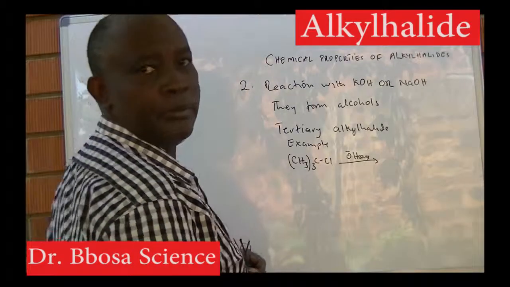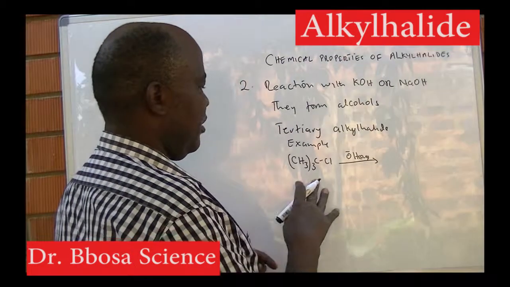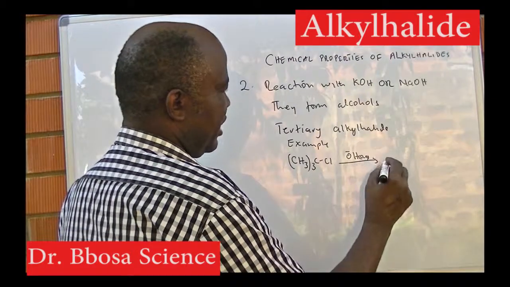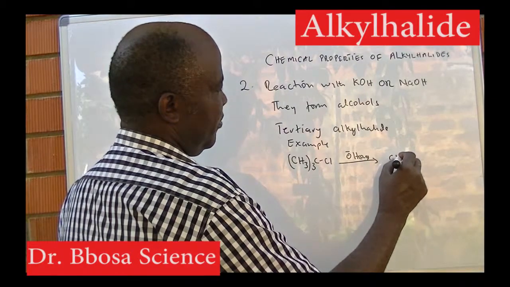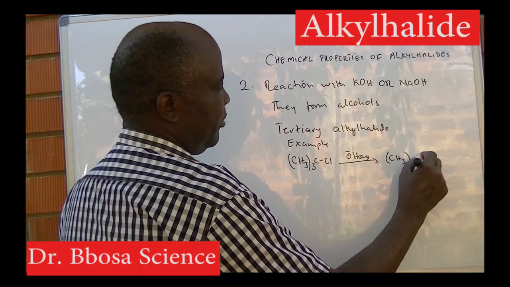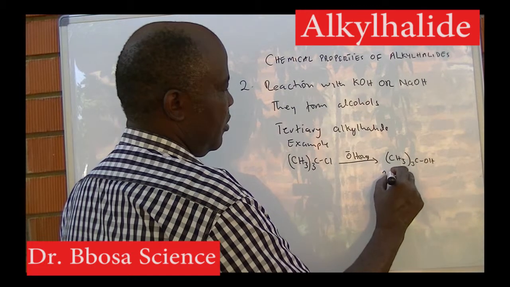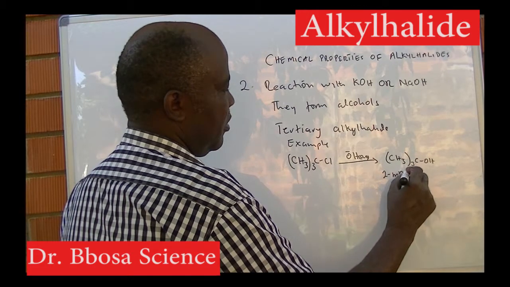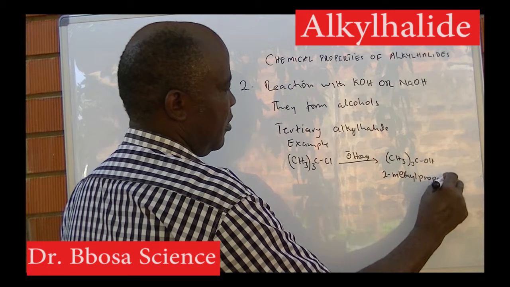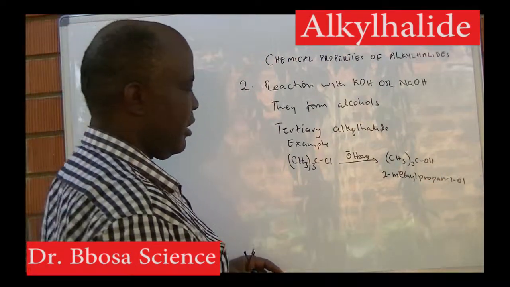Tertiary alkyl halide. Example: 2-chloro-2-methylpropane reacts with potassium hydroxide to form 2-methylpropan-2-ol.